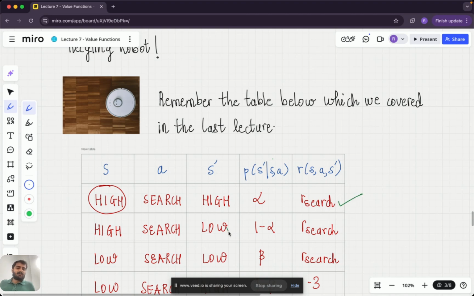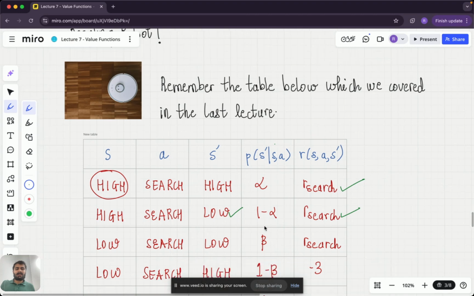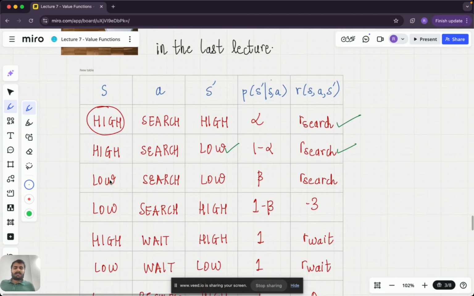But if the state becomes low, then also the reward is R search, but the probability is 1 minus alpha. If the robot has a battery level of low and still stays low, then the reward is R search. But if it's searching and the battery dies down, it has to be recovered. So the next state becomes high, but the reward that the robot gets is very low.